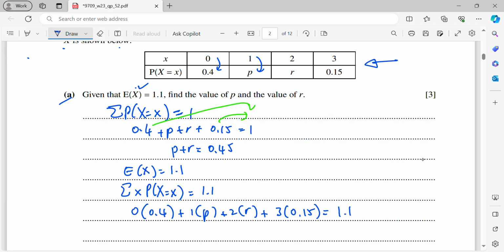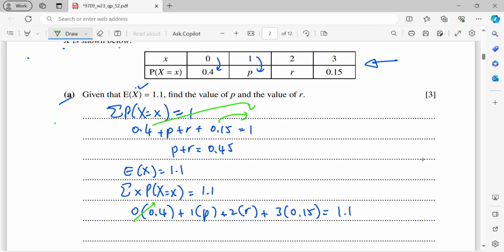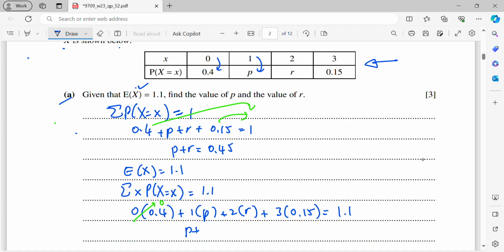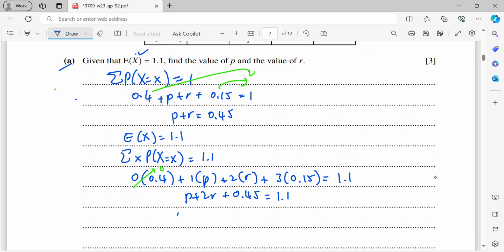The first term is 0, so I get P plus 2R plus 0.45 equals 1.1. Once simplified, P plus 2R equals 0.65.